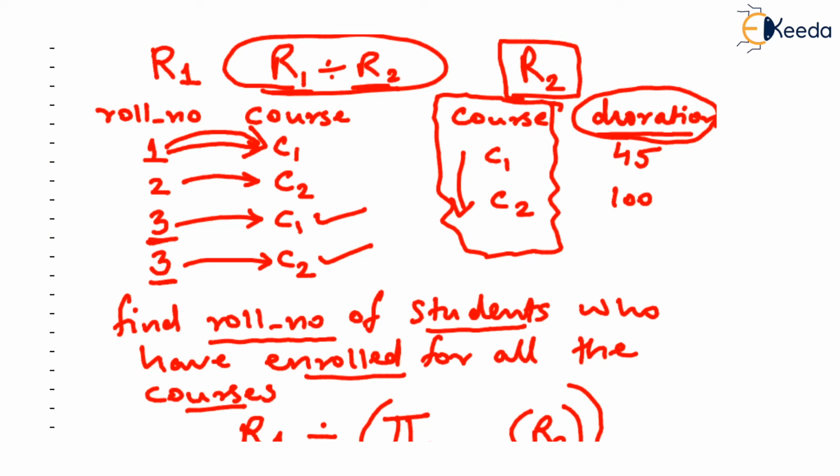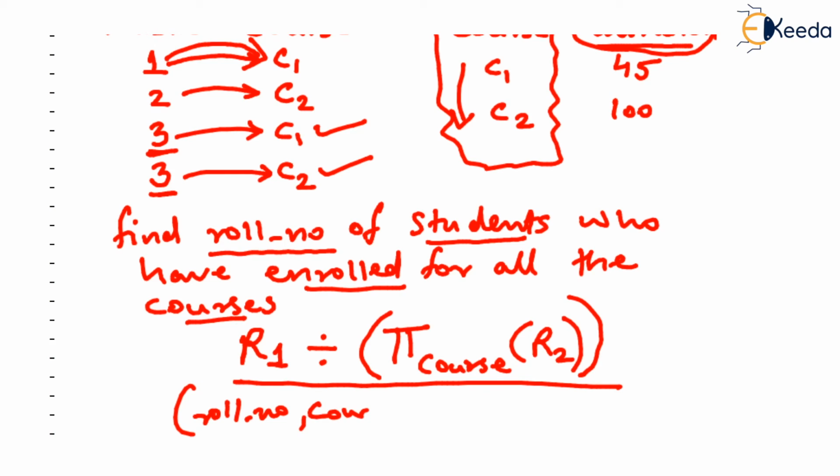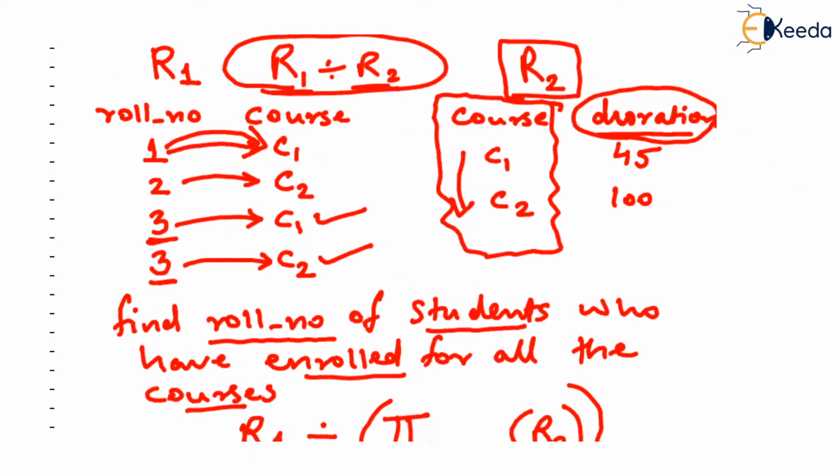Hence, the relational algebra expression would be R1, which contains roll number and course, R1 divides. Now you see from R2 I am projecting only course. So this is going to contain only course, and then you know the rest: how the divide operation will pull out only roll number 3, the student who has taken all the courses.